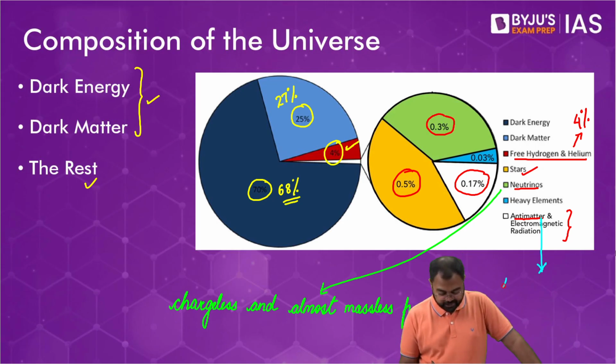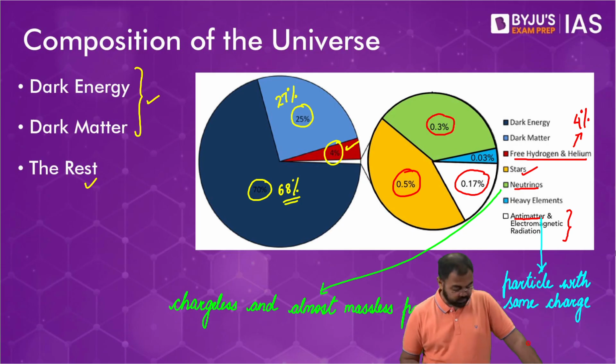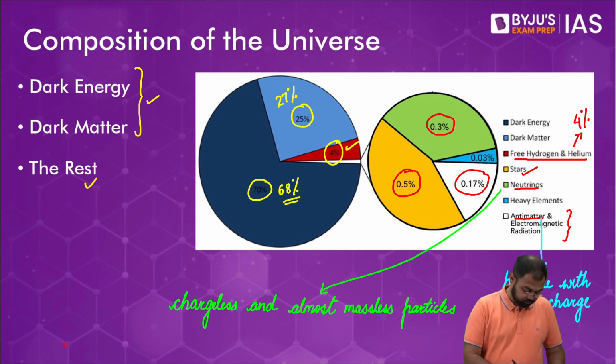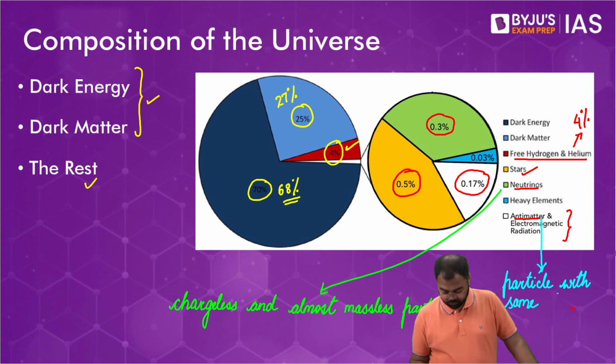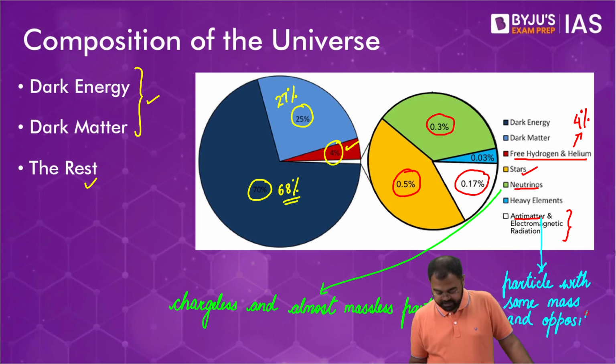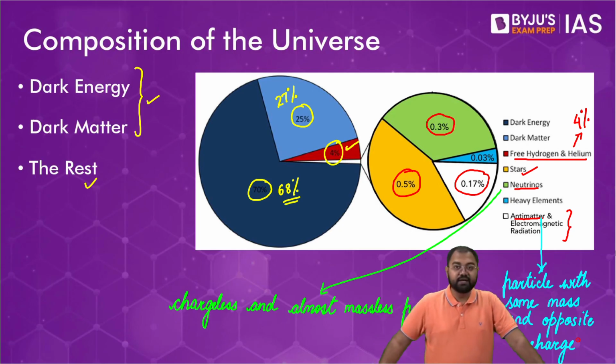Antimatter is any particle with same mass and opposite charge. Same mass and opposite charge. So basically they are called as antimatter.